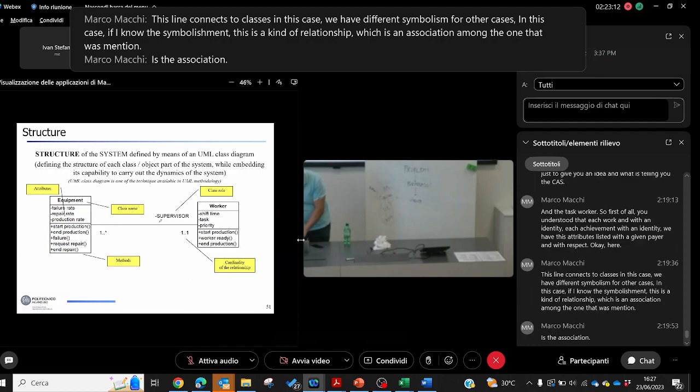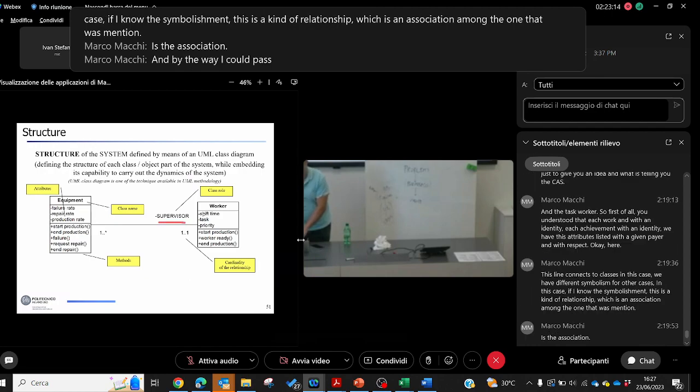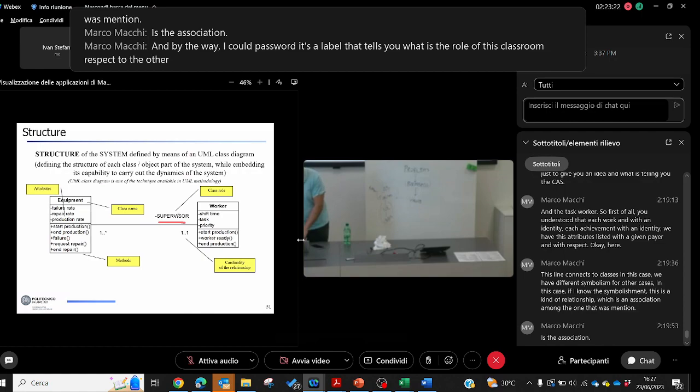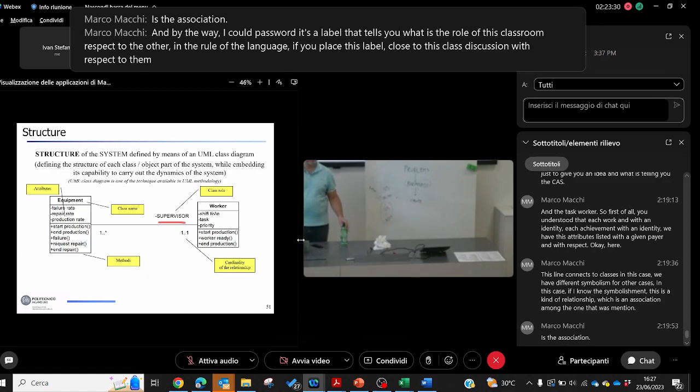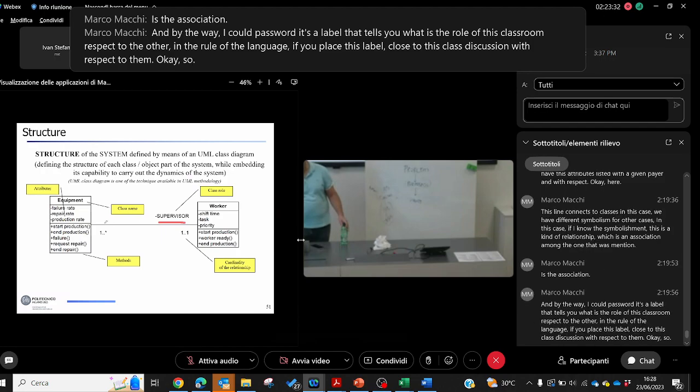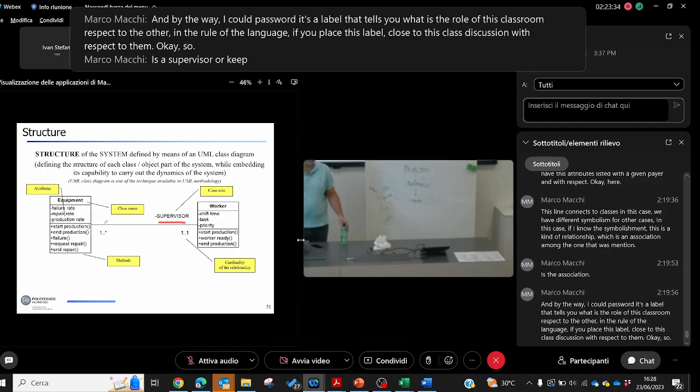And by the way, I have a class role. It's a label that tells you what is the role of this class with respect to the other. By the rule of the language, if we place this label close to this class, it means the role of this class with respect to the other. Okay? So the worker is a supervisor of equipment, it's obvious.